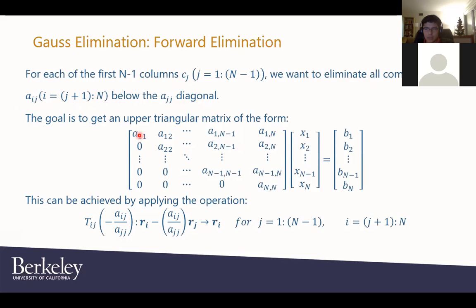So again, for the first column, j will be equal to 1. We want to eliminate all the elements in rows i that are j plus 1, so 2 through n. So this element all the way through the end, we want to eliminate it. Second column, the same thing. Everything below the diagonal, so what would be the third element that's inside these ellipses, all the way through the end should be brought down to zeros.